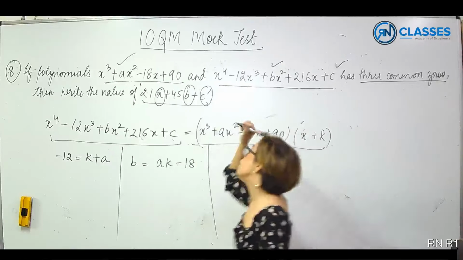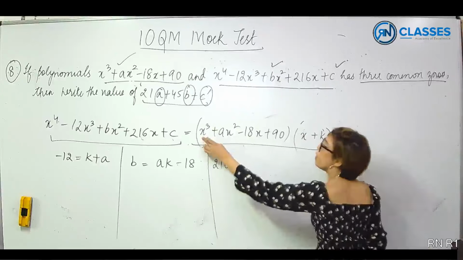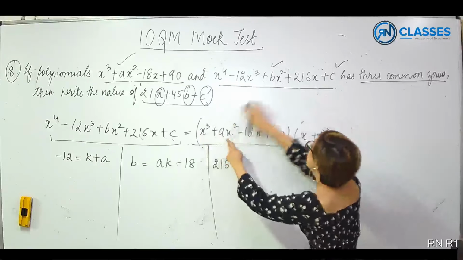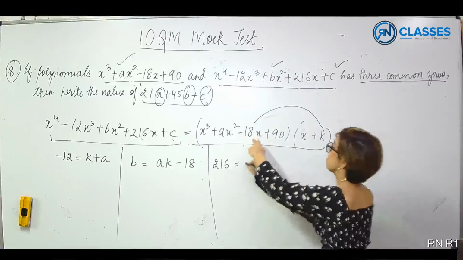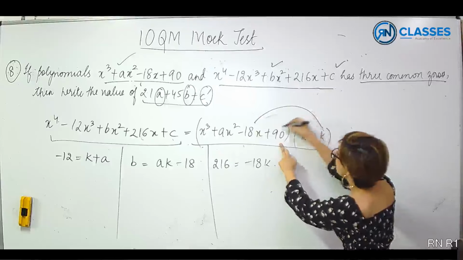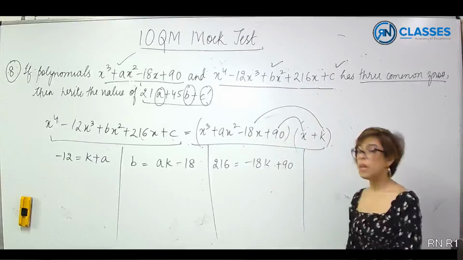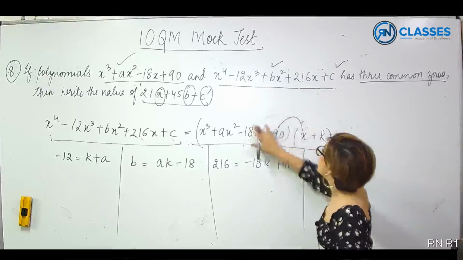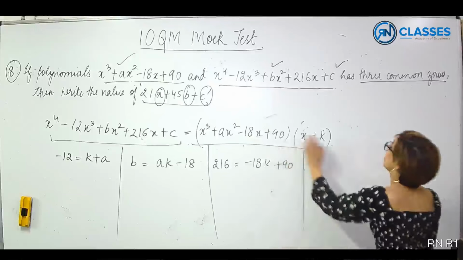Now, the coefficient of x, which is 216, is equal to: I will not get it from here, I will not get it from here, maybe I can get it from here. So that is minus 18k, plus anything else from here? Yes, coefficient of x, so that means plus 90. Cool? Done. And last, obviously the constant term. Now, he says the constant term is c. Here the constant term is 90k.